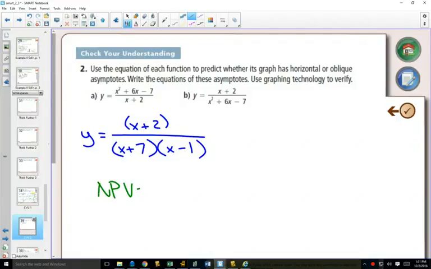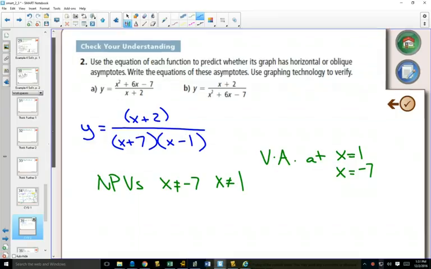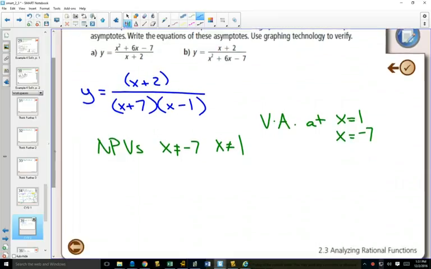Now our non-permissible values: x can't equal -7 and x can't equal 1. Are those going to be vertical asymptotes, or are they going to be holes? They're both going to be vertical asymptotes, at x equals 1 and x equals -7. Next, if we look at the highest degree, since nothing's simplified, we can go to our original equation.